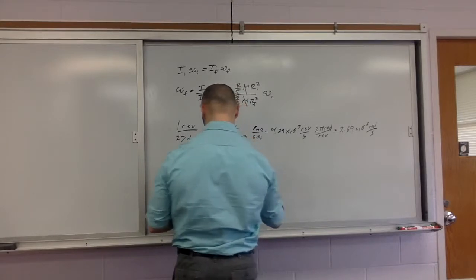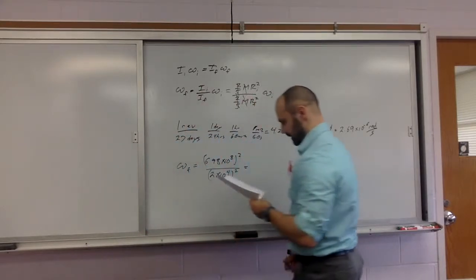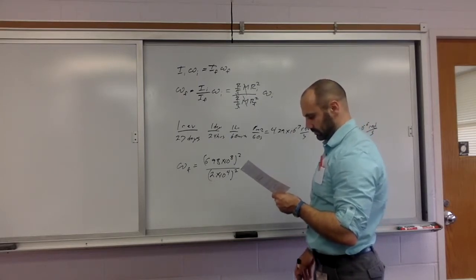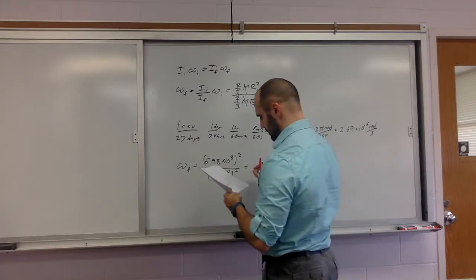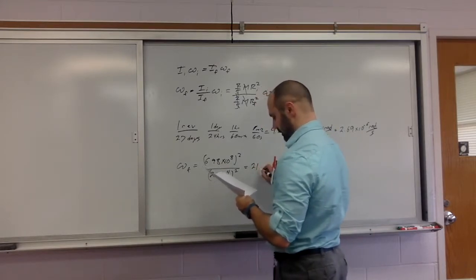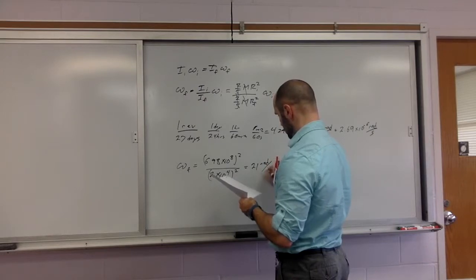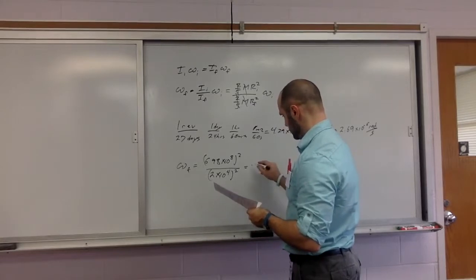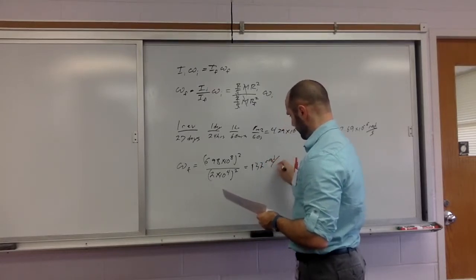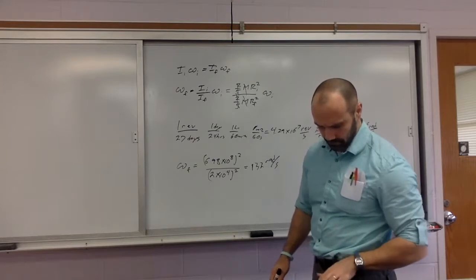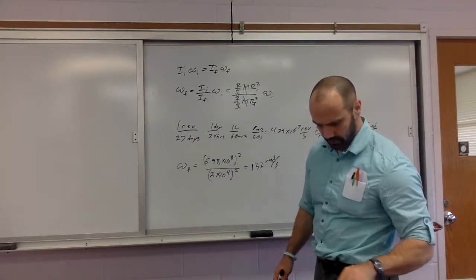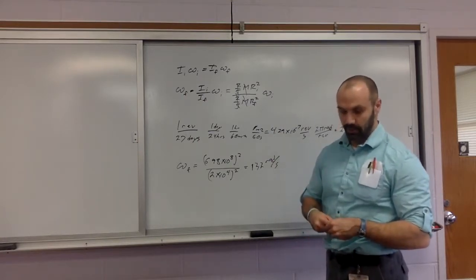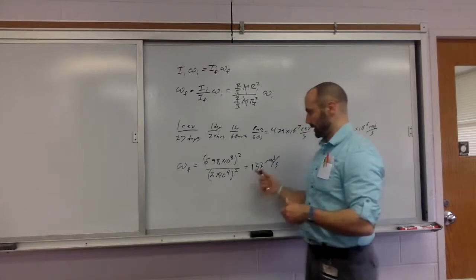That's going to give me 132 radians per second. Some of my notes are a little funny here. I can't quite see. But again, the setup is what's important. And that means it's spinning about 21 times per second if we do that calculation.